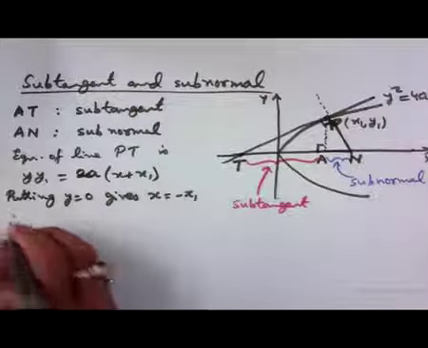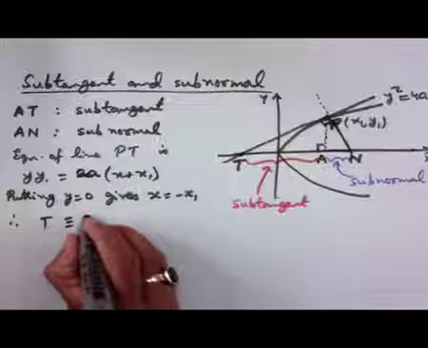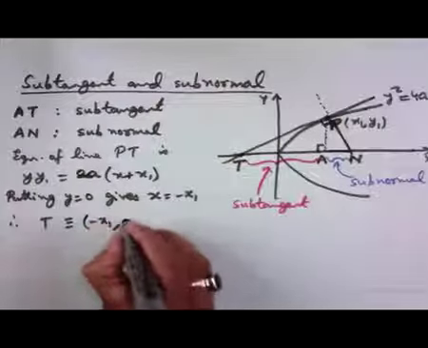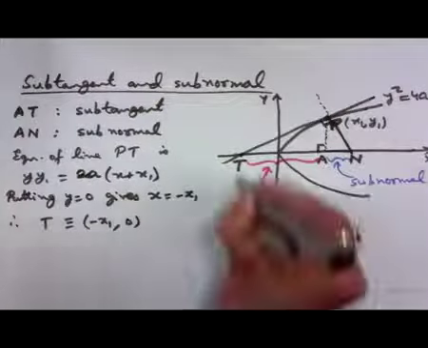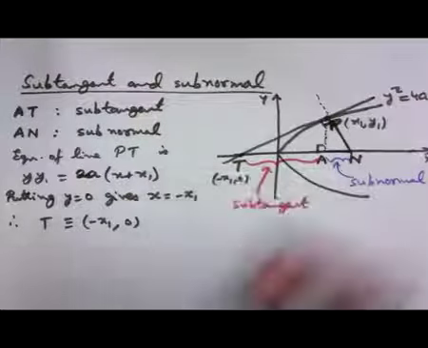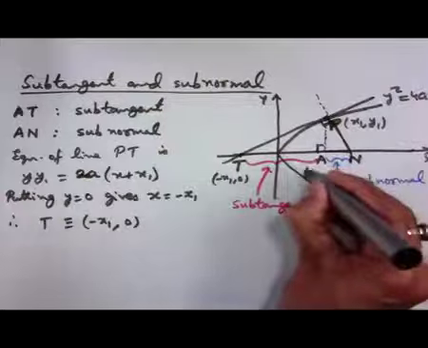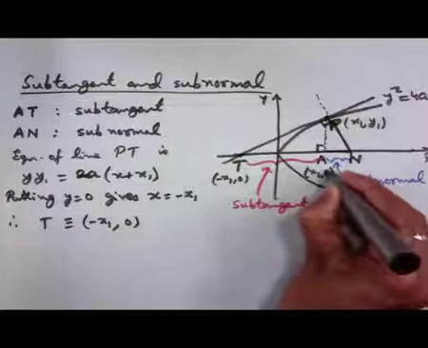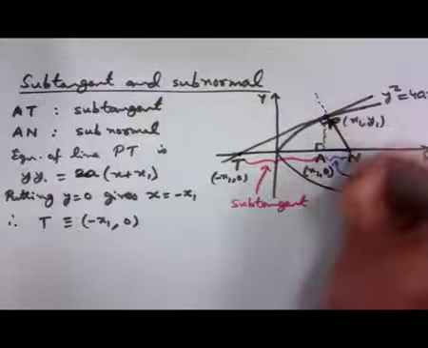So, therefore, T is the point minus x 1 comma 0. Note that this point A is x 1 comma 0, because P is x 1 y 1.